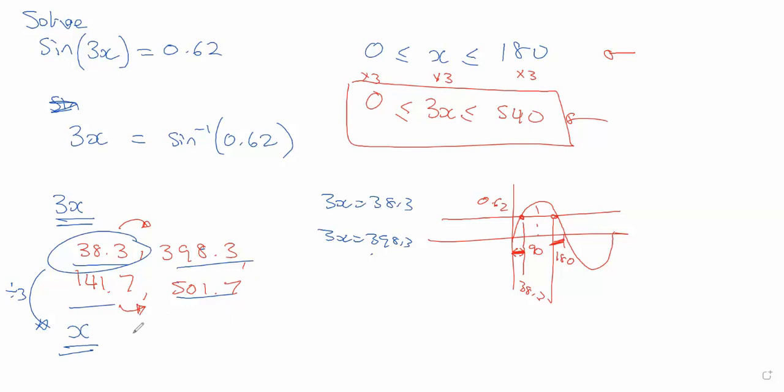I write them down just so you have something to feel like, yep, I was right. 12.77, 132.77, 47.23, and so on. There's your four answers.